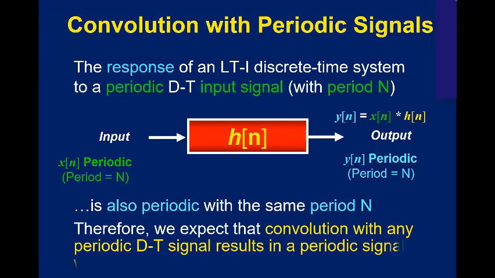So since convolution describes how linear time invariant systems work, convolution has to also have the same property. If I convolve a periodic signal with the unit sample response of a system, the convolution result has to be periodic with the same period.